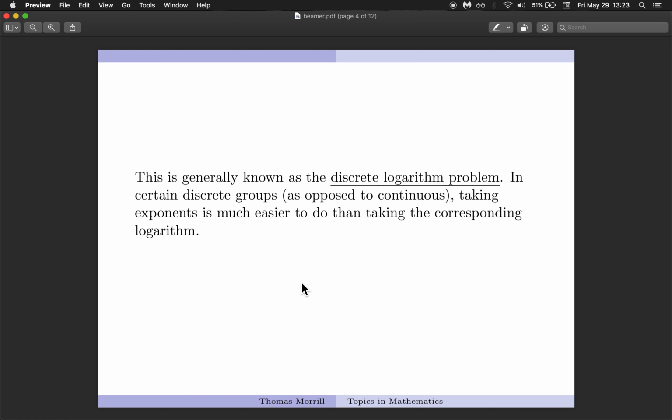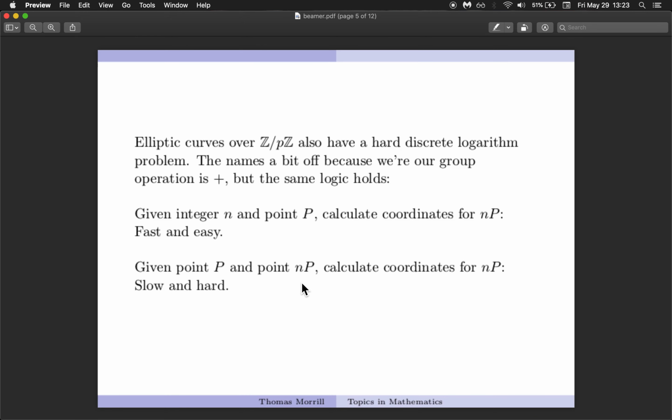Yes or no. If it can be solved, then we're not looking at a great system for encryption. This, like I said, is also a property of the elliptic curve groups. So you would say that the elliptic curve group has a hard discrete logarithm problem.